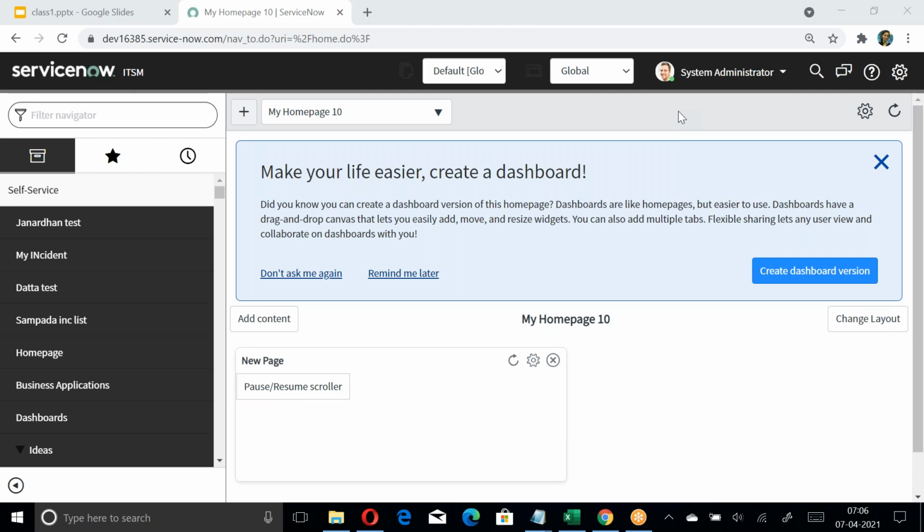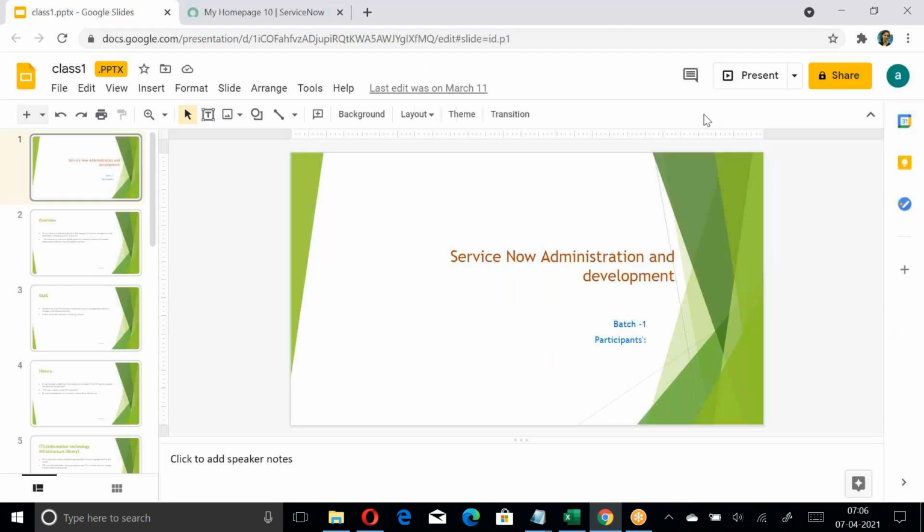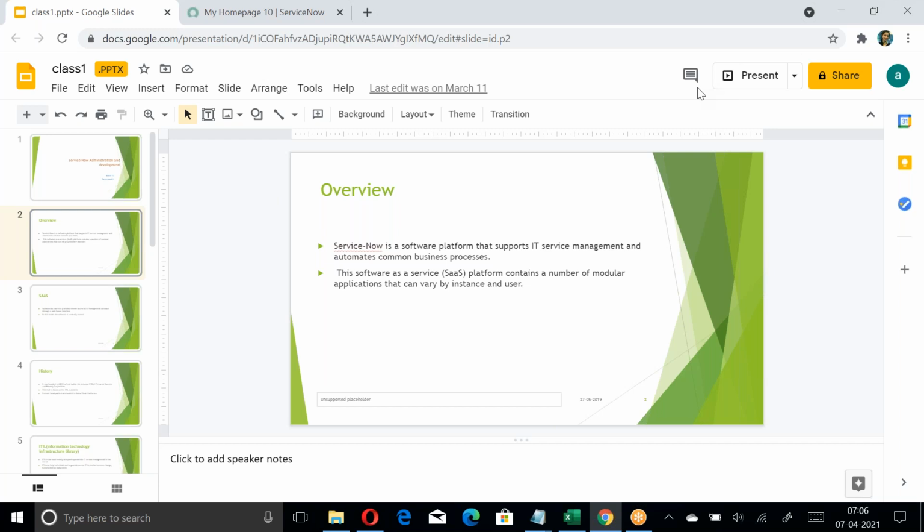Do you have any basic overview about the tool? Do you know what ServiceNow is? Yeah, I have gone through your introduction tutorials, the 2 videos. The company I'm working for now uses the ServiceNow tool for raising tickets. We get requests through ServiceNow.